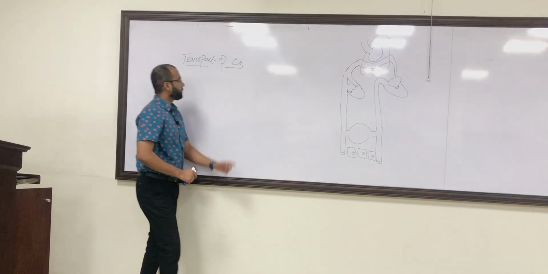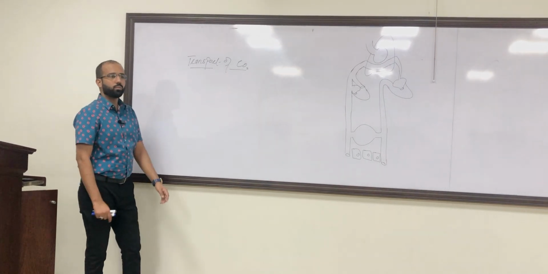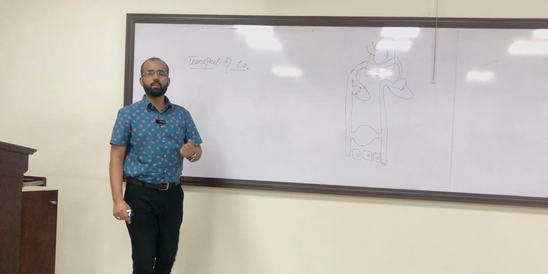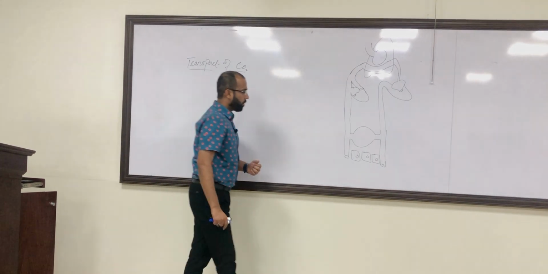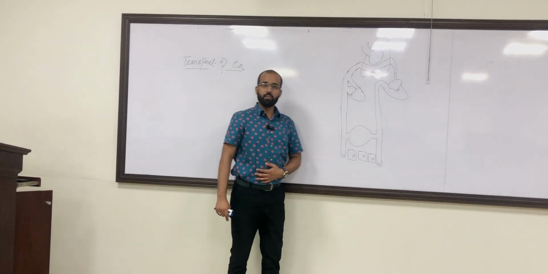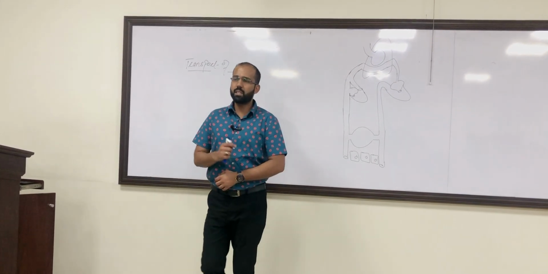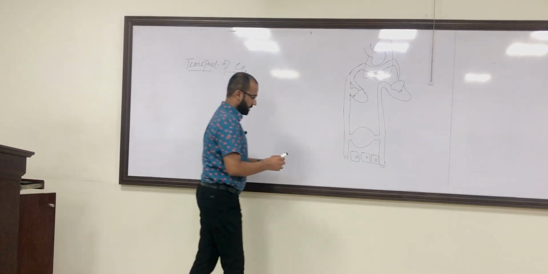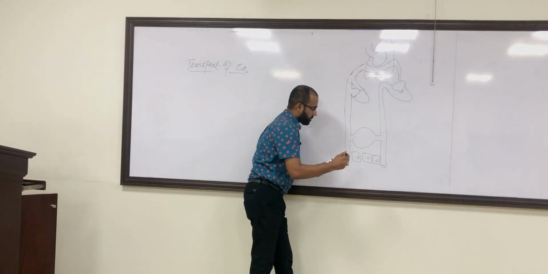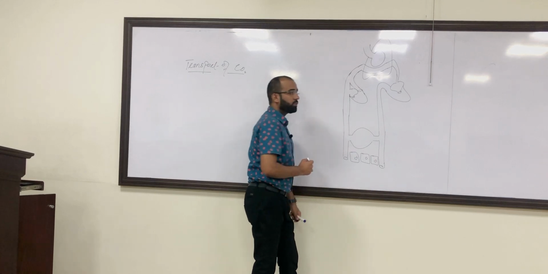In this topic, to transport carbon dioxide, we have to remove the excess of carbon dioxide which is formed or produced in our body. So what is the major mechanism or process through which carbon dioxide is produced in the body?